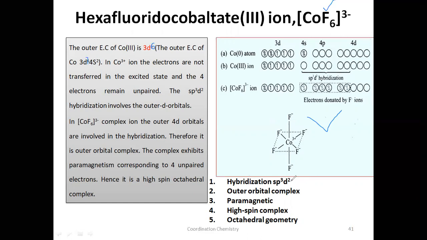Since 4d orbitals are involved in the hybridization, this is an outer orbital complex. If you see this, how many unpaired electrons are there? 1, 2, 3, 4. Since 4 unpaired electrons are there, this is paramagnetic. Since 4 unpaired electrons are involved in the magnetism, this is a high spin complex, and it has octahedral geometry. Okay, this is about this complex.